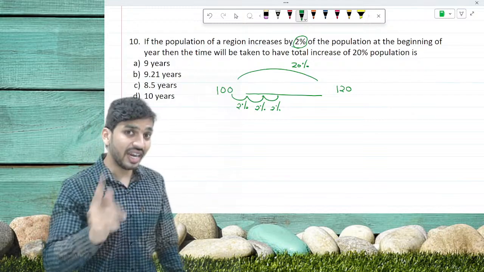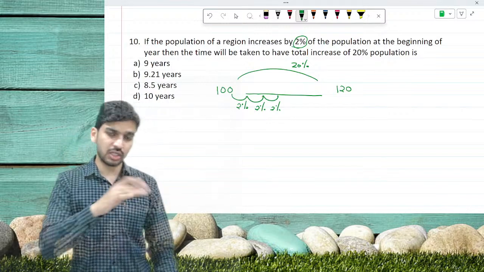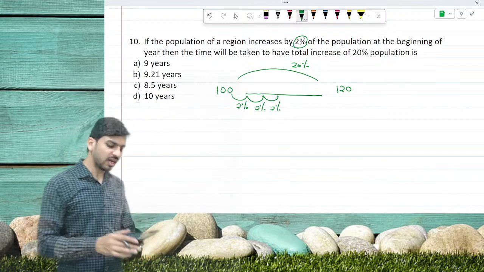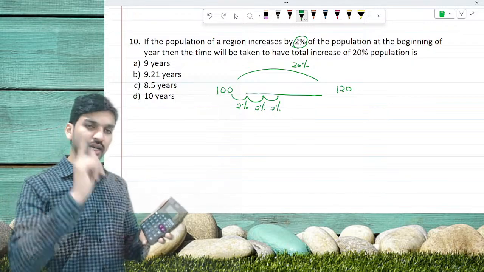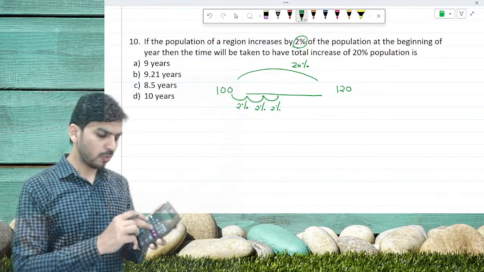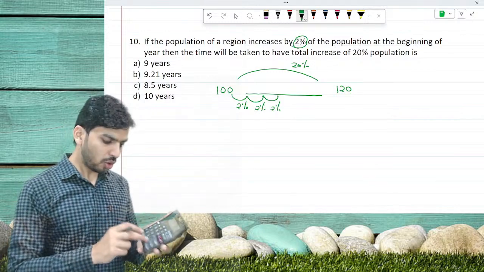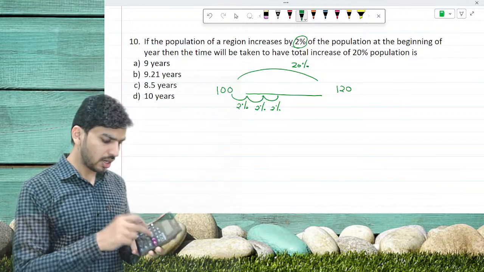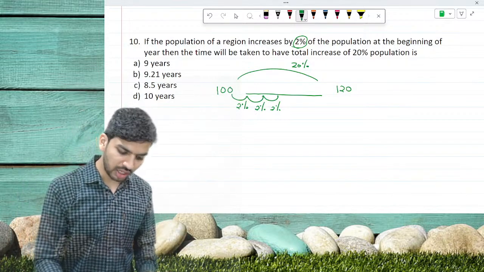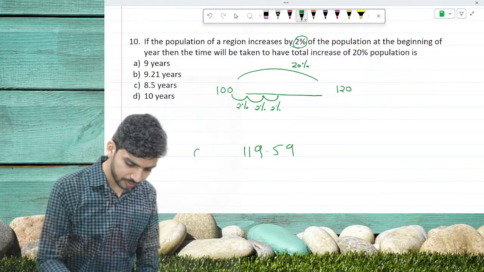Do not say 10 years, no, because this is compounding, so we will count it out. So 100 plus 2% 1 year, plus 2% 2 years, plus 2% 3, 4, 5, 6, 7, 8, 9. After 9 years your answer is 119.59.